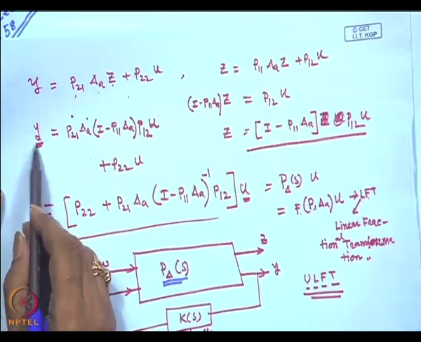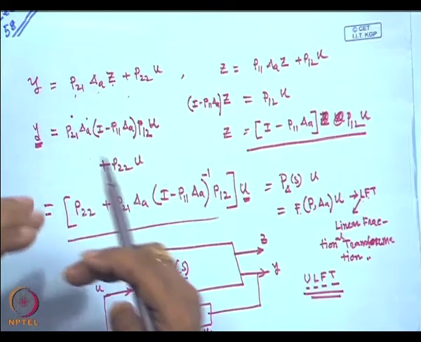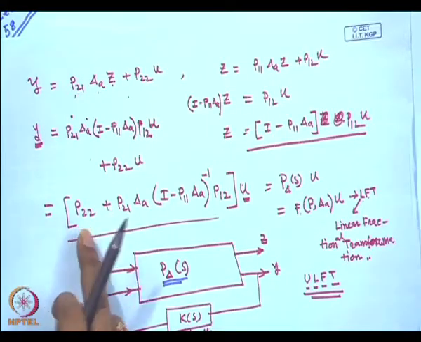Remember this relationship between output and input. Since the outer loop is merged into the P block, it will start with P 22 as the first index.